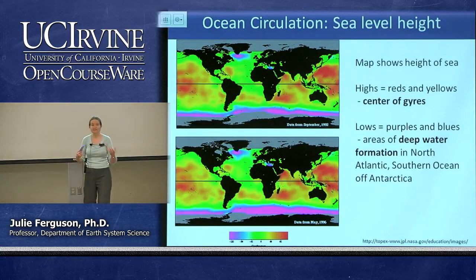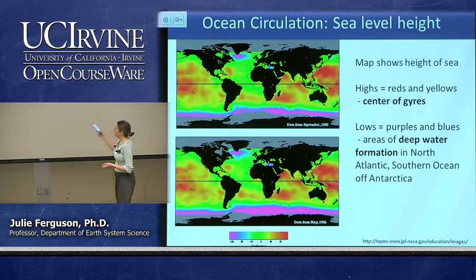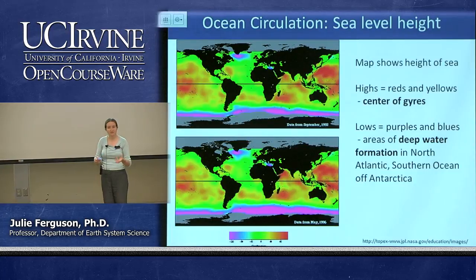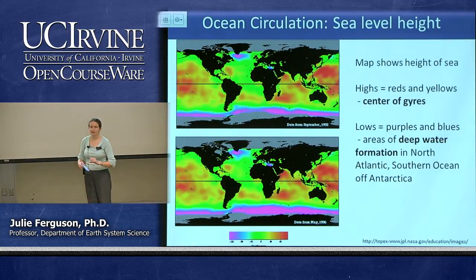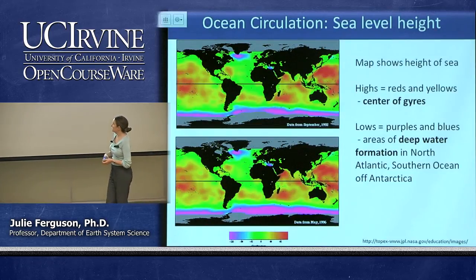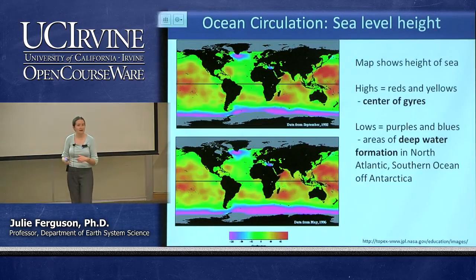Okay? So we can see these changes in the height of the sea surface, and you can see that where we do get our highs tends to be in the North Pacific, the South Pacific, the North Atlantic, the South Atlantic, where we have our gyres, where we have those winds pushing air towards the middle and building a little local high. But you can also see that in both these maps from different times, we have areas of low.